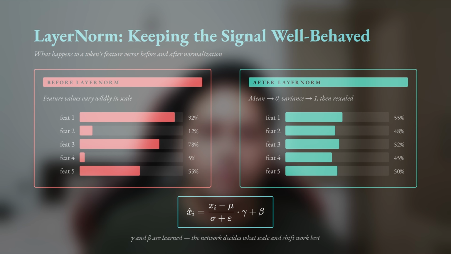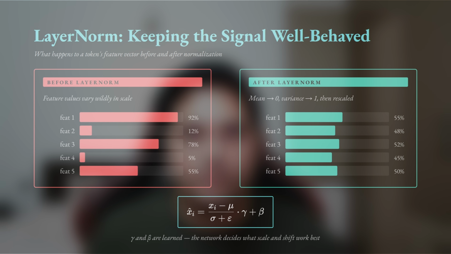And this formula is exactly telling us that x hat i equals (xi minus mu) divided by (sigma plus epsilon), multiplied by gamma, plus beta. Let's look at this formula piece by piece. The xi minus mu subtracts the mean of the vector, right?